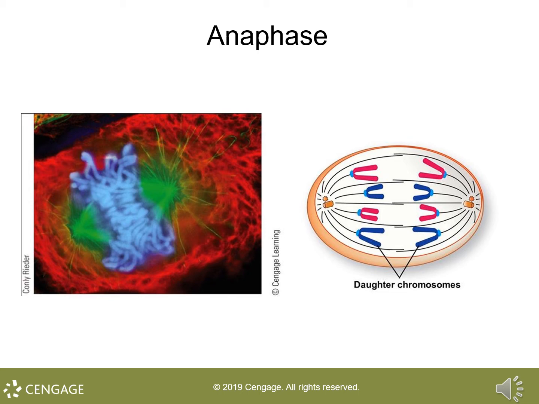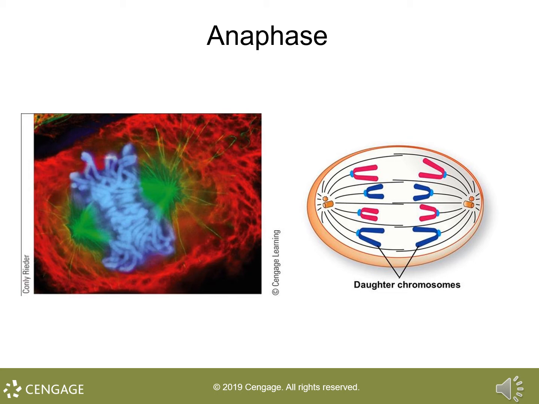While they were together, they were one chromosome. So 2 sister chromatids can form one chromosome while they are attached at the centromere. However, once they're pulled apart during anaphase, we are now briefly looking at 2 chromosomes.